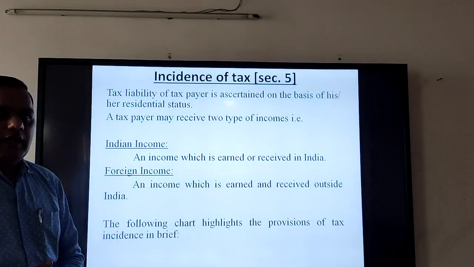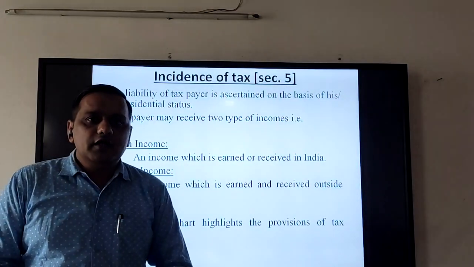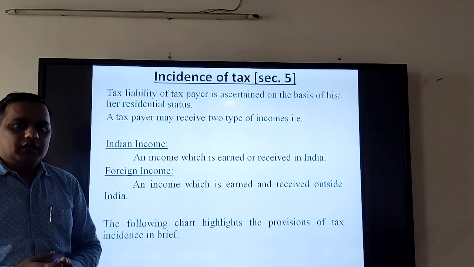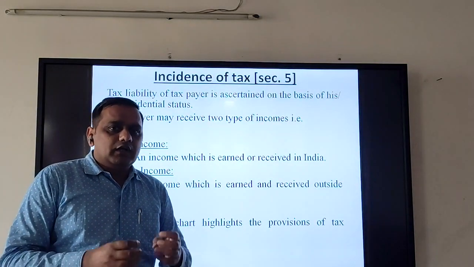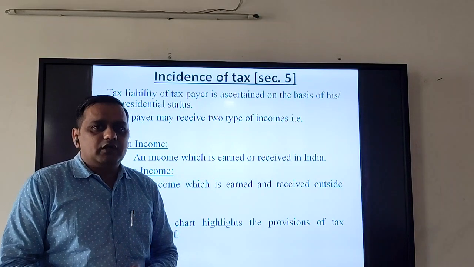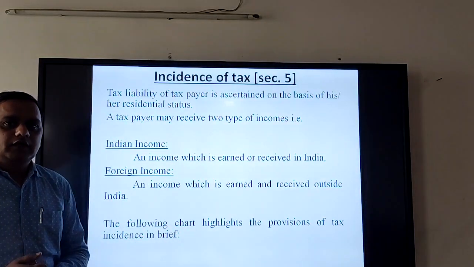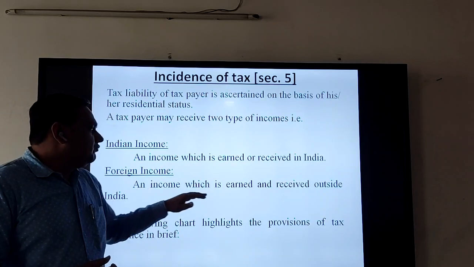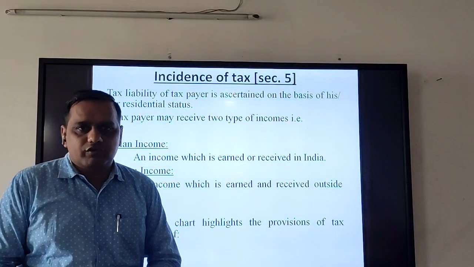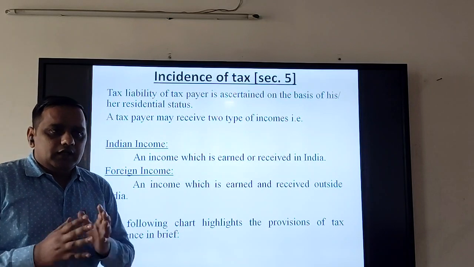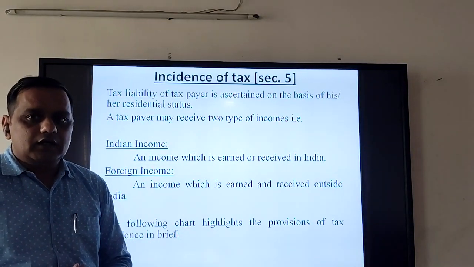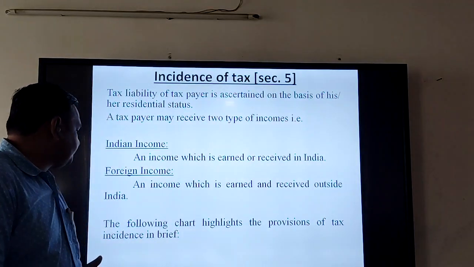Indian income means any income which is earned in India or received in India, meaning the earning activity of the income or the receipt of income. If any one activity happens in India, then this income is called Indian income. Whereas foreign income means an income which is earned and received outside India. That means both things happen outside of India. Nothing is happening in India.